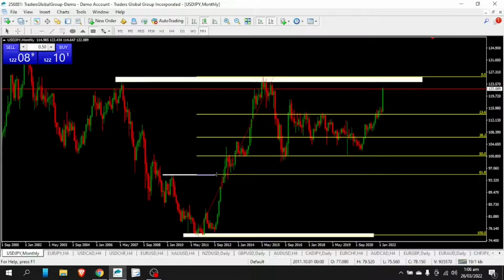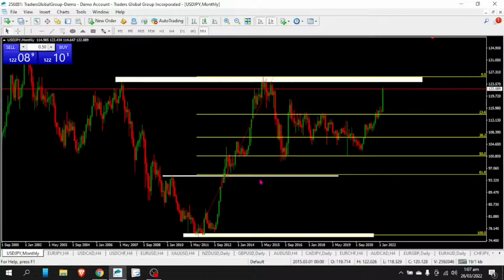If I put my zone here, at this 61.8, you can see that when price dropped, it went back for a retest as resistance, and after touching this resistance, it dropped. When price broke this resistance, it came down to this as a support level.